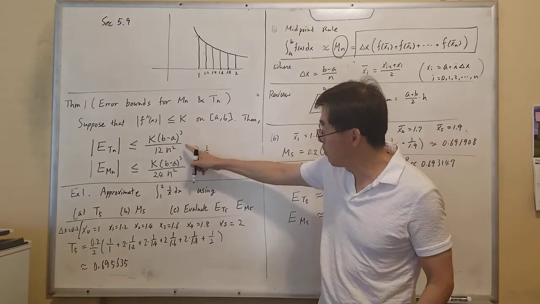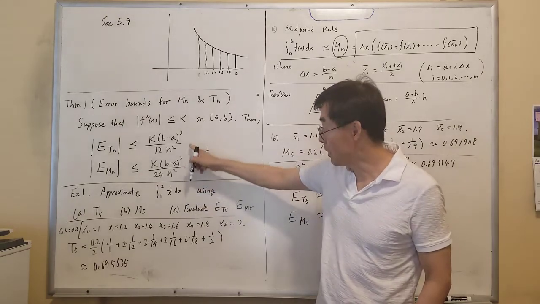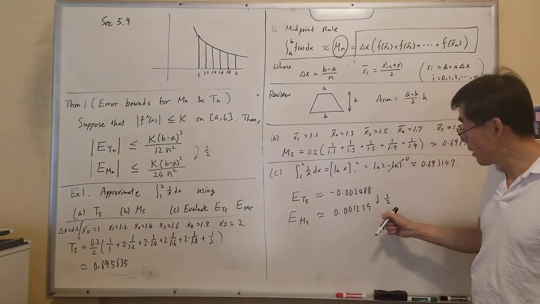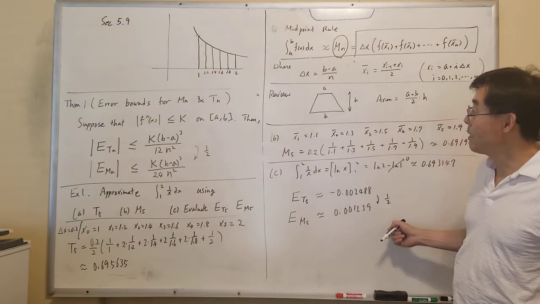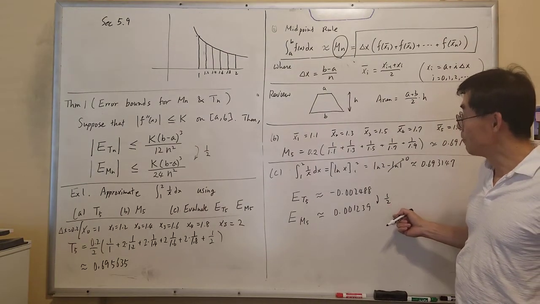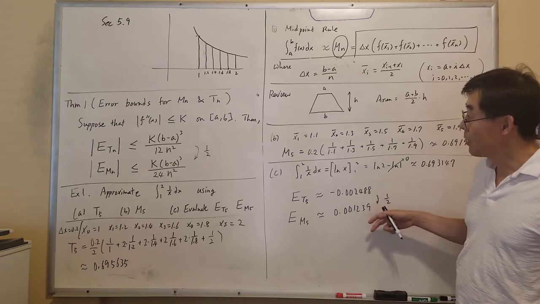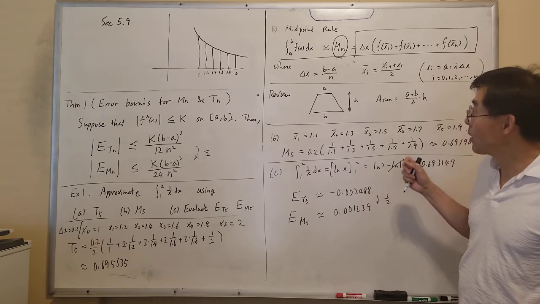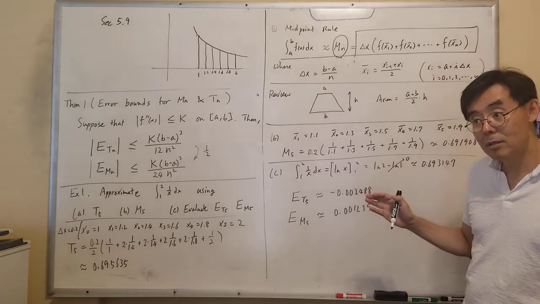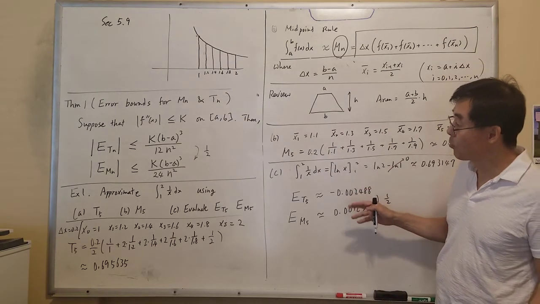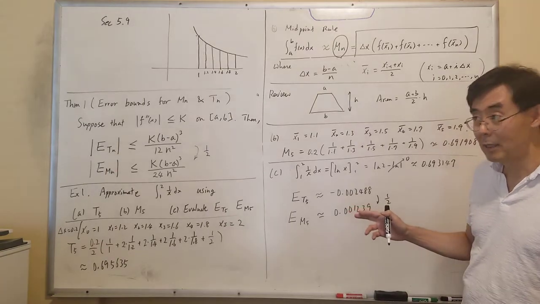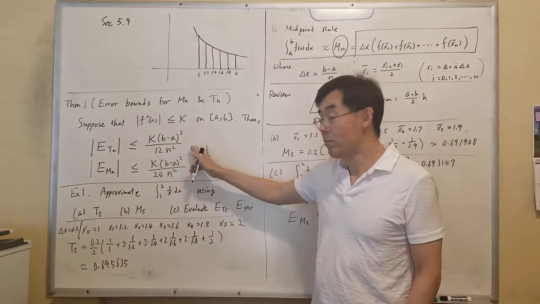The upper bound says it will be about half, and exactly half, and the actual error is about half. So it's quite amazing to observe that the actual error from the midpoint rule is about half of the actual error from the trapezoid rule with the same n value, not just the upper bound.